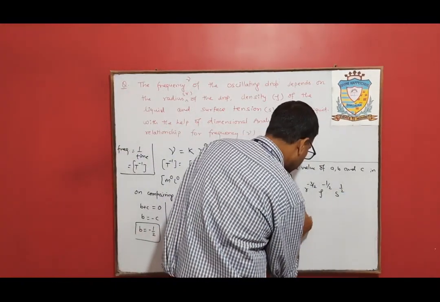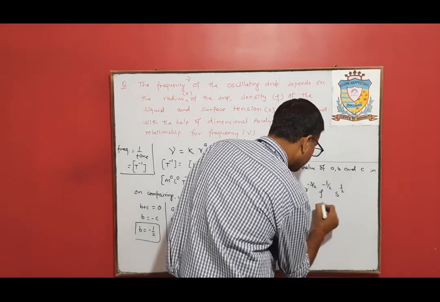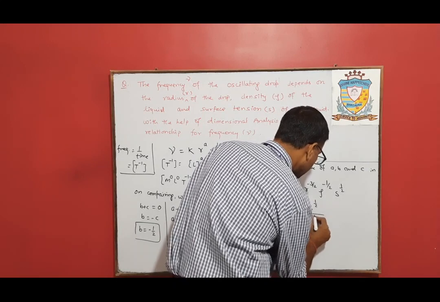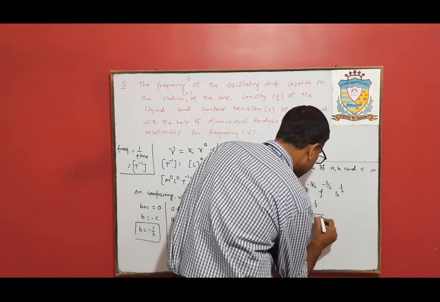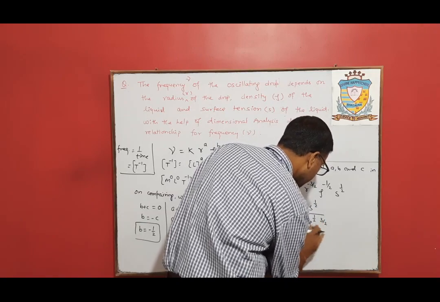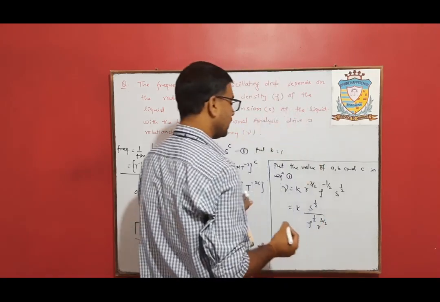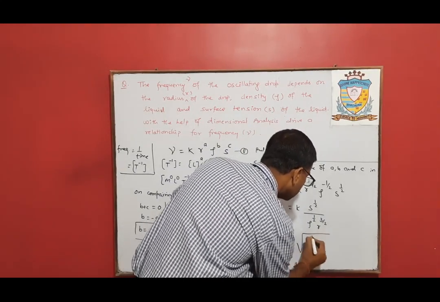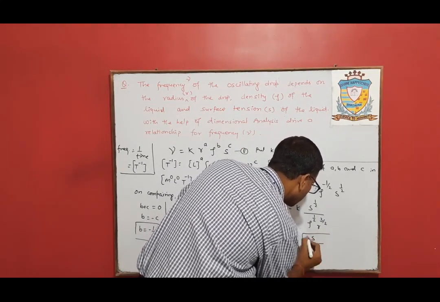So this can be written as k s raised to power 1 by 2 upon rho raised to power 1 by 2, r raised to power 3 by 2, or you can say k under root s upon rho.